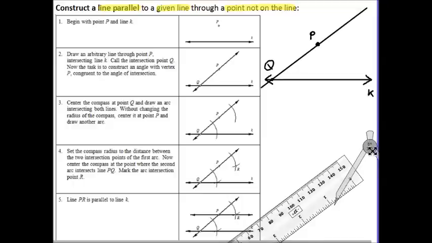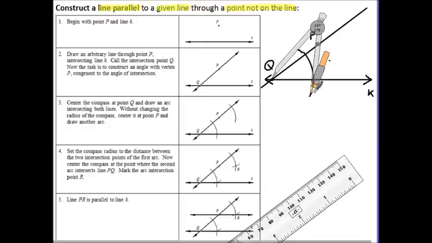Now I'm going to take my compass and put the center of my compass on point Q, and I'm going to draw an arc that crosses both lines.